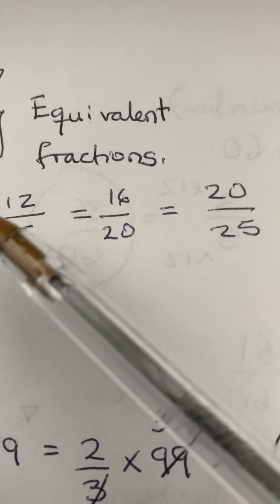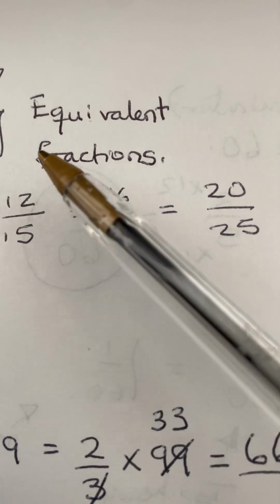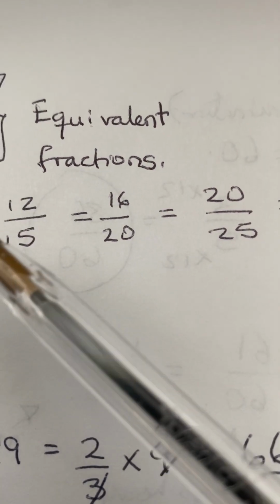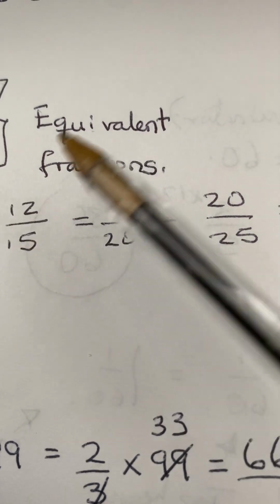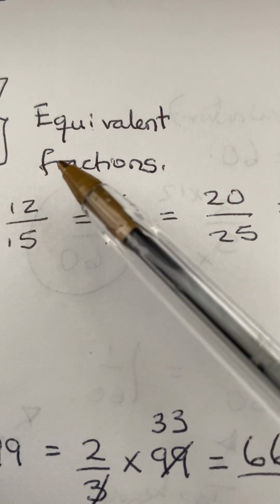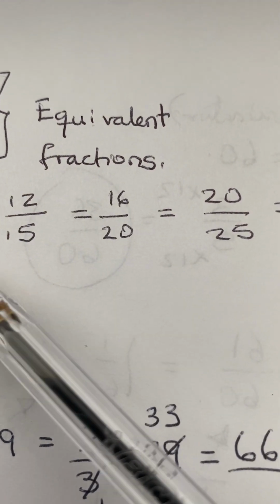You can divide the numerator and denominator by the same number, or multiply the numerator and denominator by the same number, or halve it, or whatever you do to it, you go back to the lowest form.